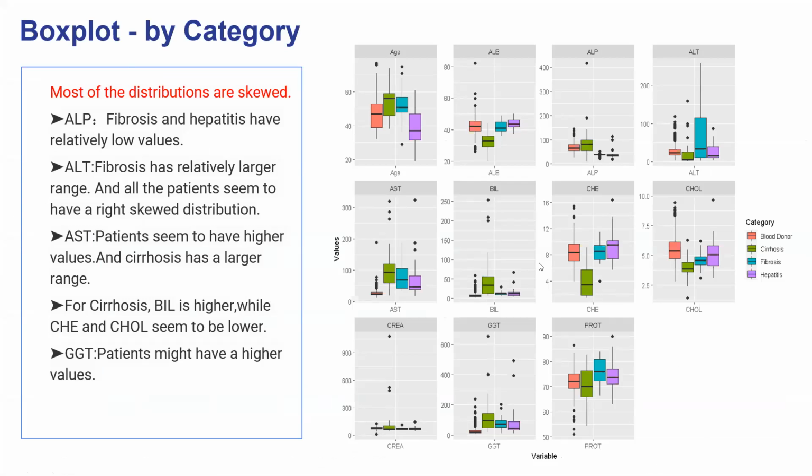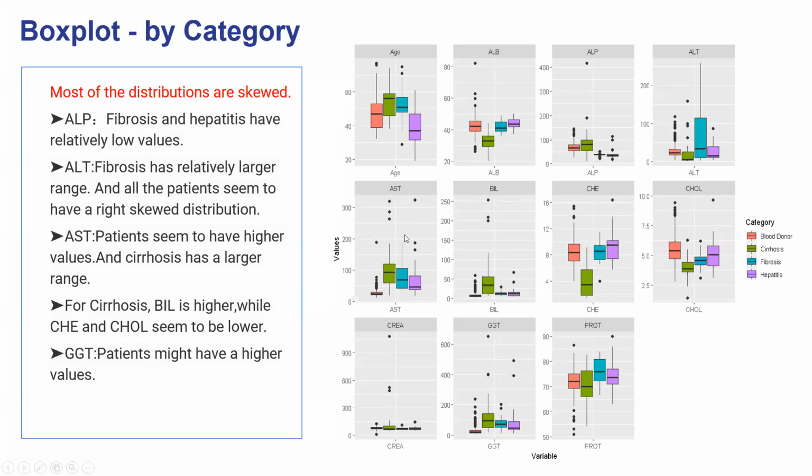Okay, look at the first box plot. Generally, most of the distributions are skewed. Look at the ALP, fibrosis and hepatitis have relatively low values. For the ALT, fibrosis has a relatively large range, and all the patients seem to have a right skewed distribution.